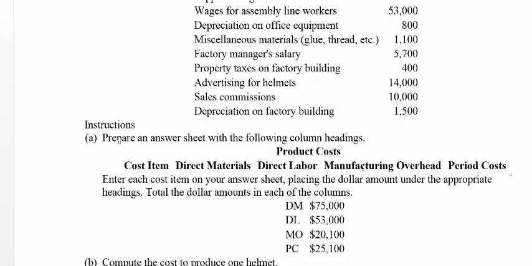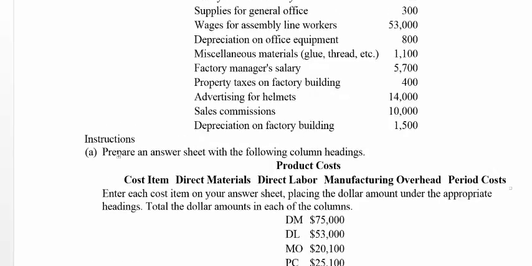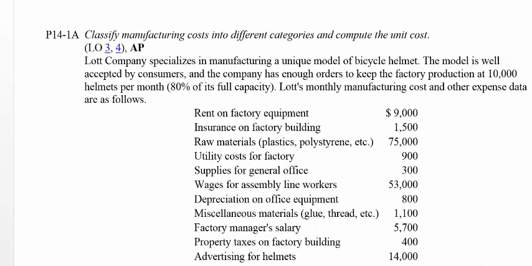That's our total manufacturing cost. We would add those up, and we're going to divide it by the number of helmets actually produced. So if we go back up to our paragraph here, it tells us that 10,000 helmets per month are being manufactured, and that the data below here is for a month.